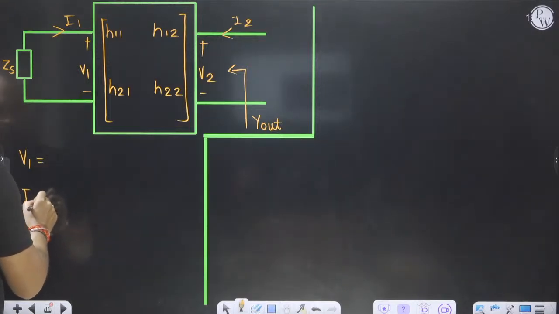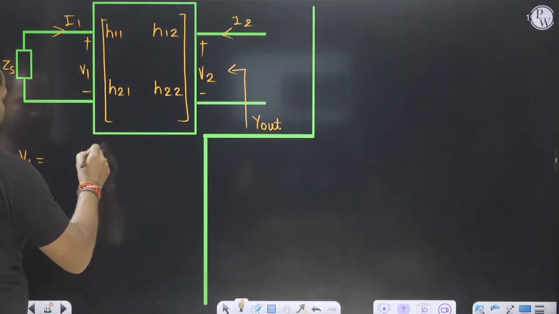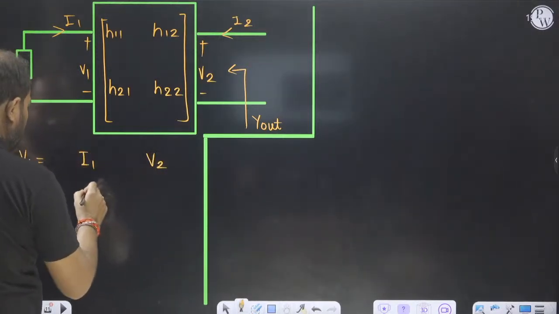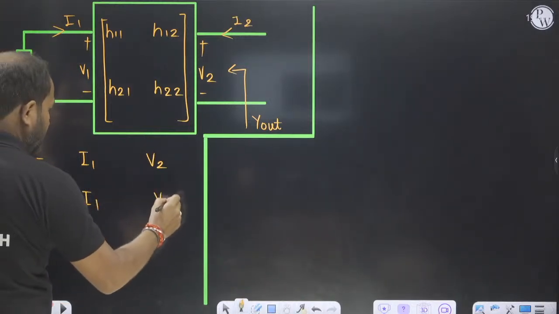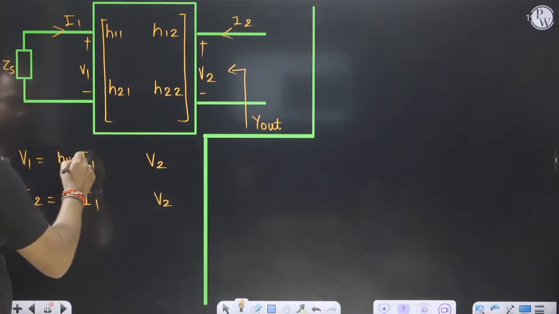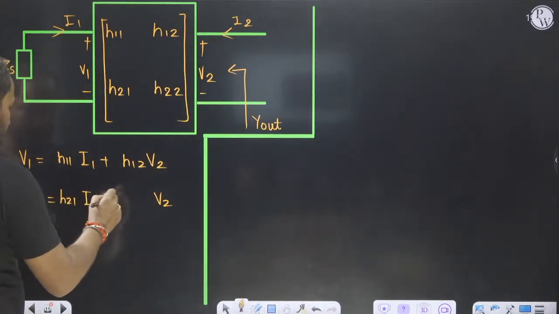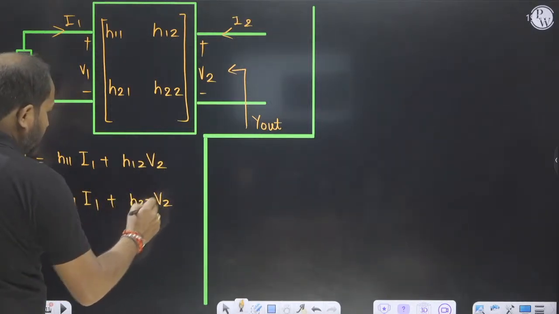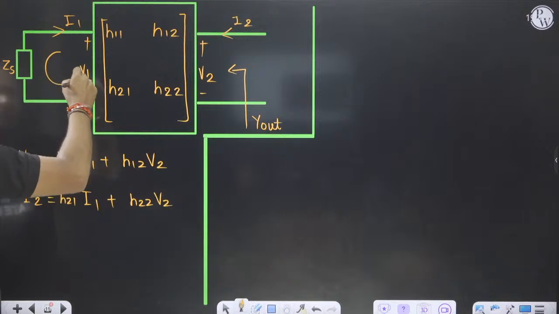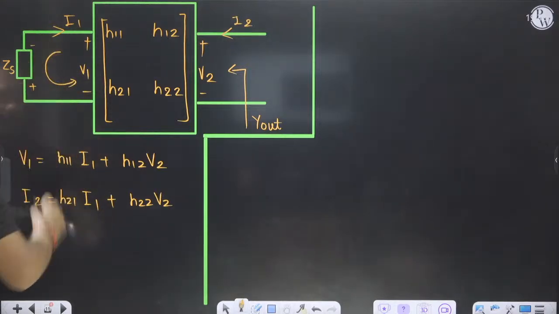V1 and I2, I1 and V2, H11, H12, H21 and H22. Then we have a KVL equation. Current will be flowing like this.